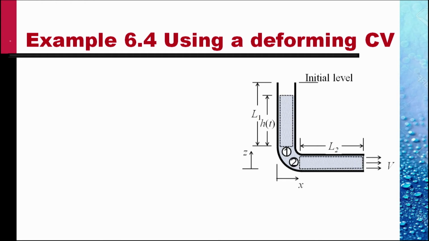We cannot use one control volume throughout this volume, because if we use one control volume, there would be horizontal forces and vertical forces in each one of them. Instead, we break this volume into two, control volume 1 and control volume 2.